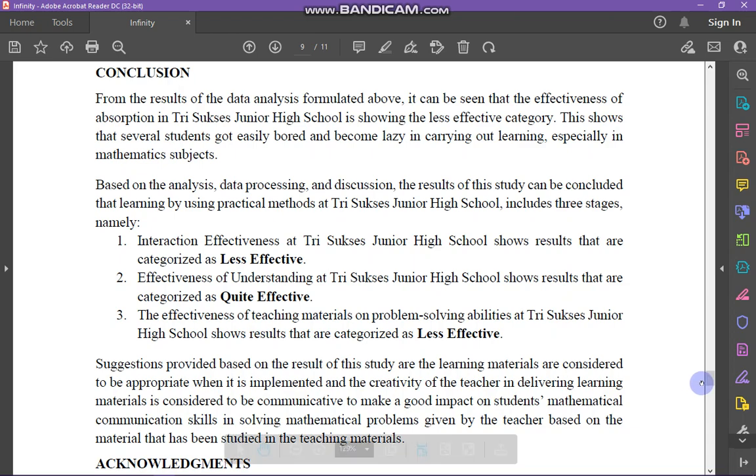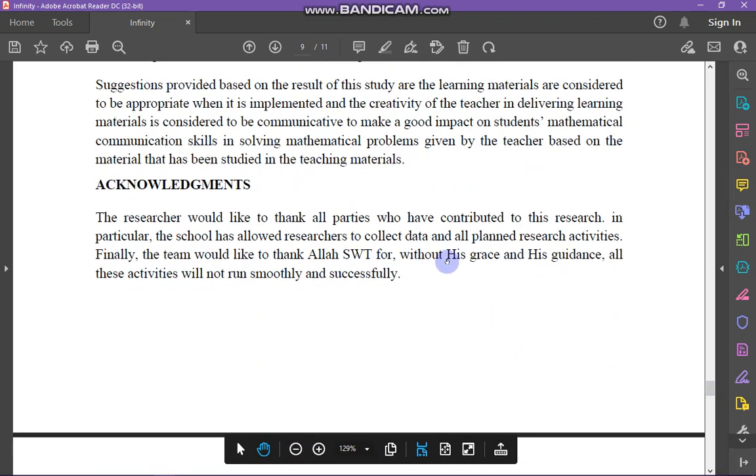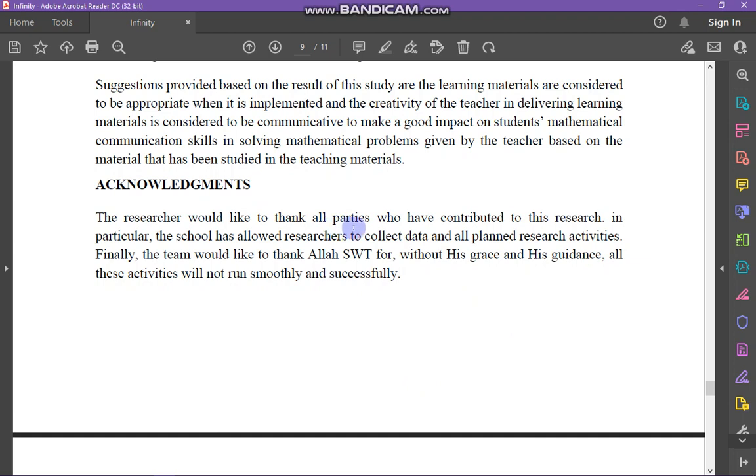And then the acknowledgement. In this part, acknowledgement is conveyed generally. For example, generally to all parties who have contributed to this research. In particular, the school has allowed researchers to collect data and carry out all planned research activities.